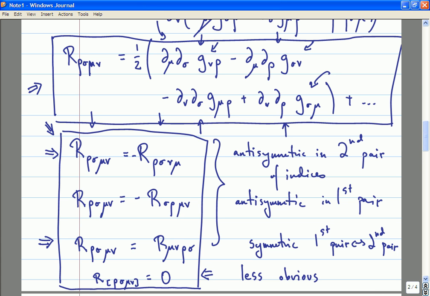The reason being that if you can show that an equation is true in one coordinate system, and the only things that appear in this equation are tensors, then that equation is true in every coordinate system. That's a good question. I meant to say that, but I didn't mention it. Yes. Good.